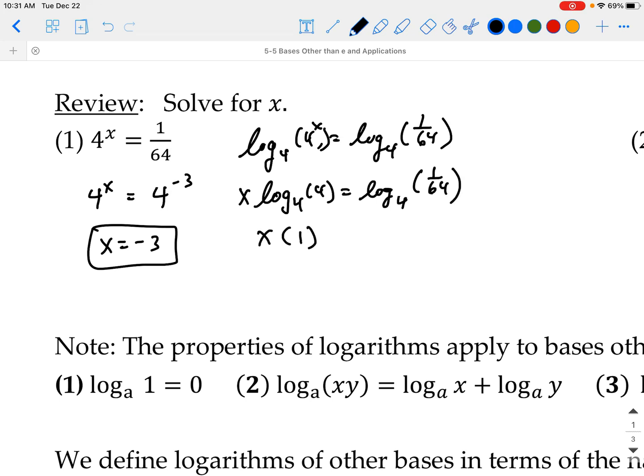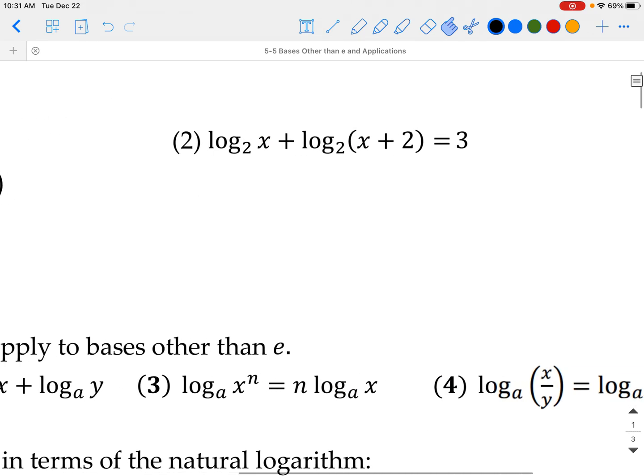So log base 4 of 4 is just 1. And then log base 4 of 1 over 64, as we saw a moment ago, would be negative 3. So x would equal negative 3. So there's a whole bunch of different ways you could choose to approach each equation that you're solving for. So use the proper tools accordingly in a way that's going to be simplest for you.